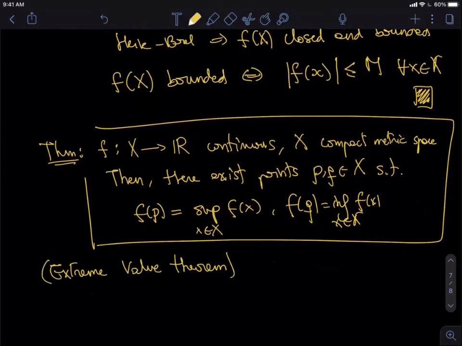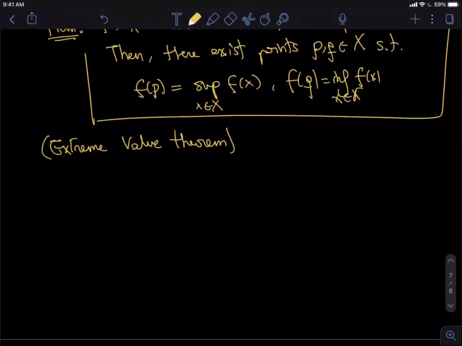What we are saying is that if the function is continuous over a compact metric space, then we are guaranteed that the function attains the supremum and the infimum in the metric space X.